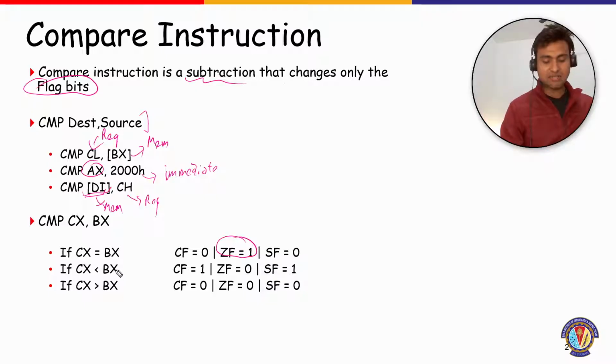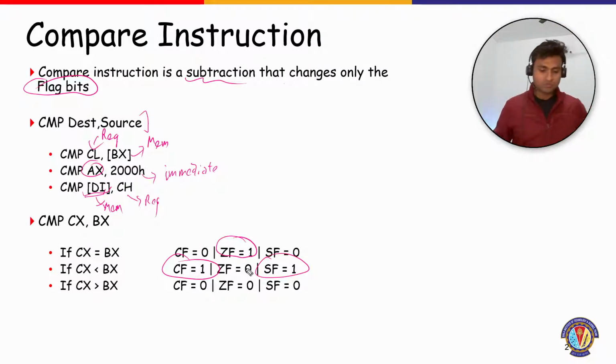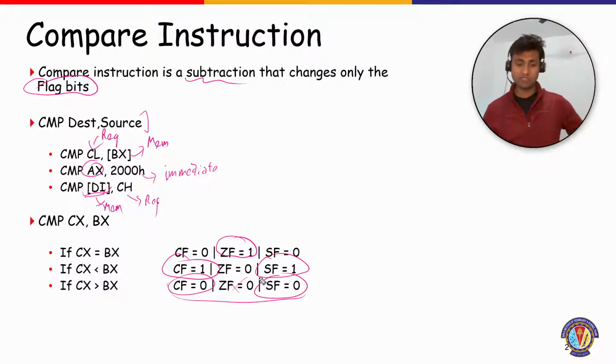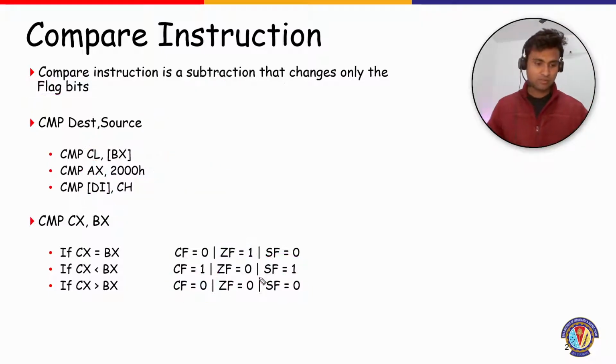If cx is less than bx, then there would have been a borrow, obviously, because it's cx minus bx, right? Therefore, the carry flag is set to one, and the sign flag will also be set to one because it would result in a negative value. And if cx is greater than bx, then the carry flag and sign flag both will be zero.